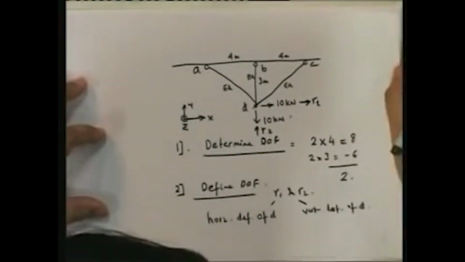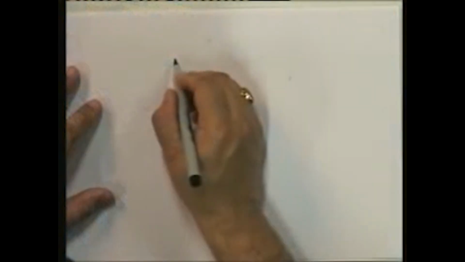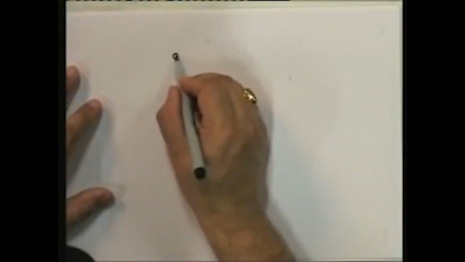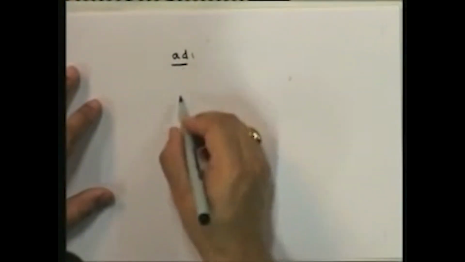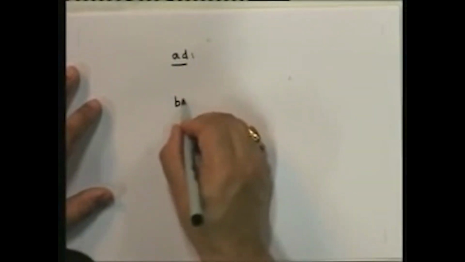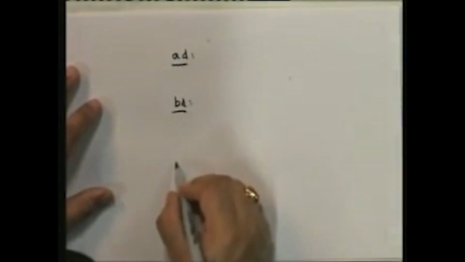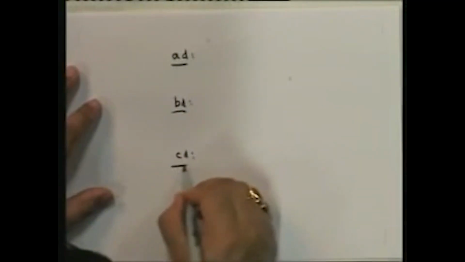Next, the third step is defining the member force deformation relationship. So how many members do I have? I have AD, I have BD, and I have CD.